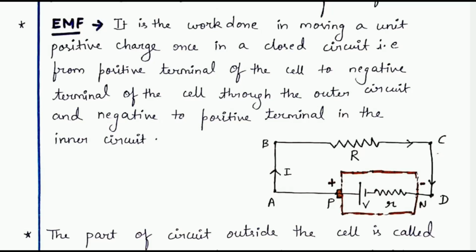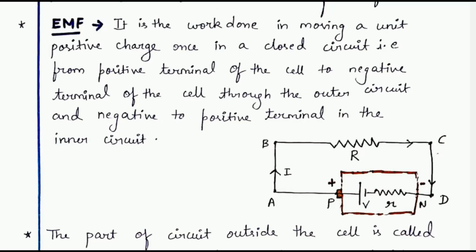Here you should know that in any circuit where you have an electric cell, the part of the circuit outside the cell is called the outer circuit, and the part of the circuit inside the cell is called the inner circuit.